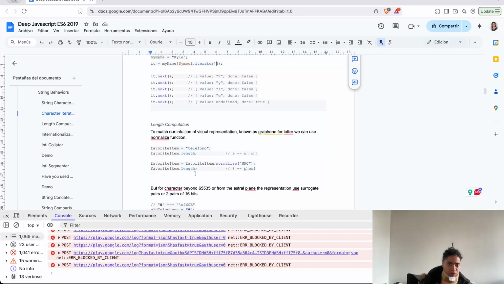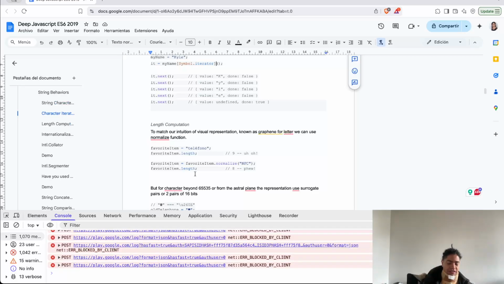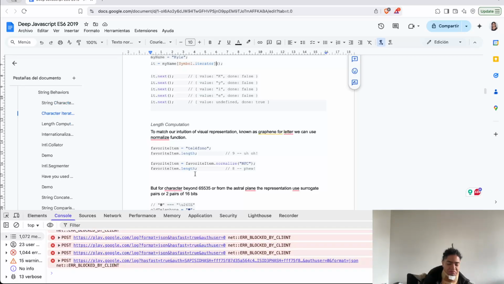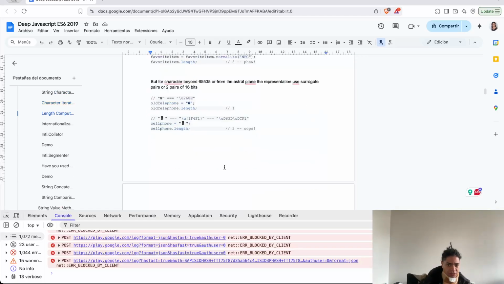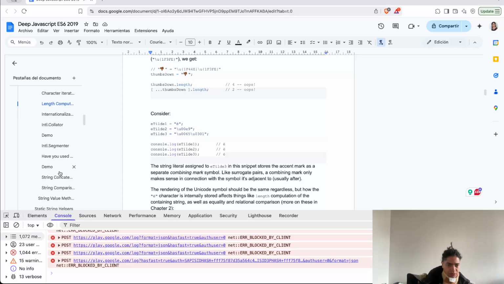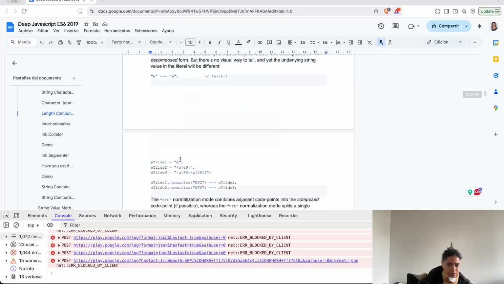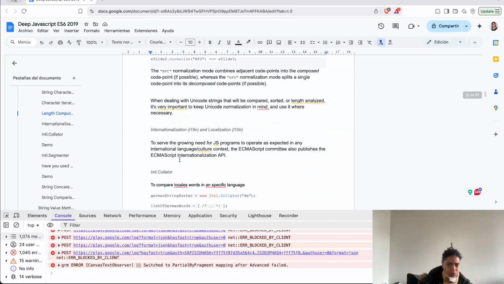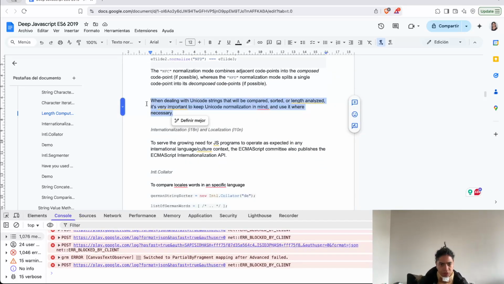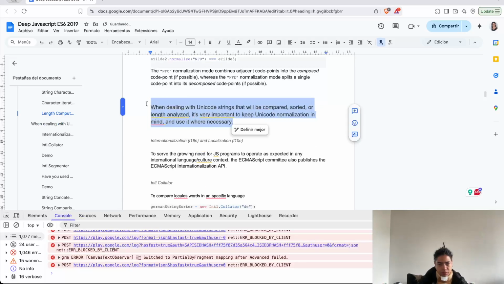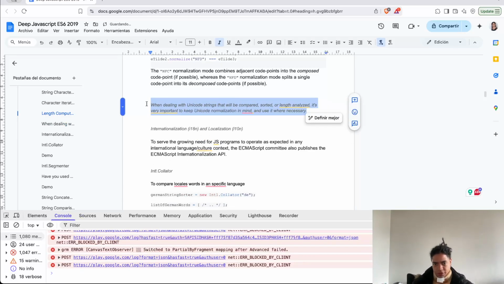Why is this important? Anytime you need to do length analysis or string comparison.